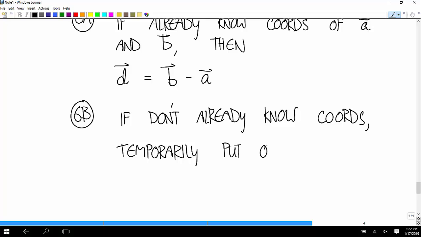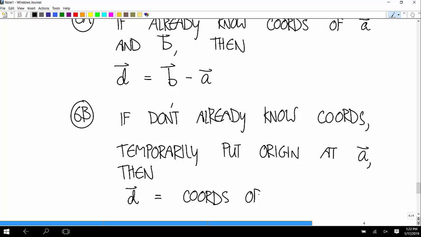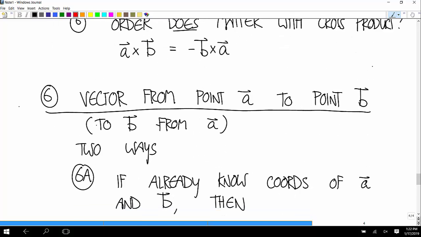Temporarily put the origin at A, then D is equal to the coordinates of B. So in all this, B is the destination and A is the starting point.